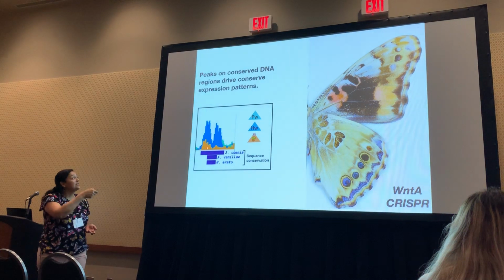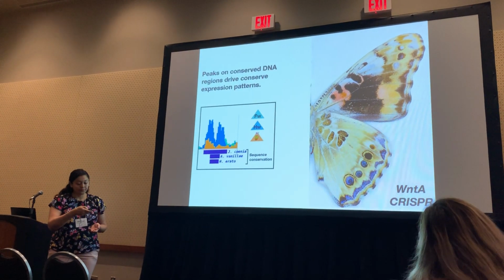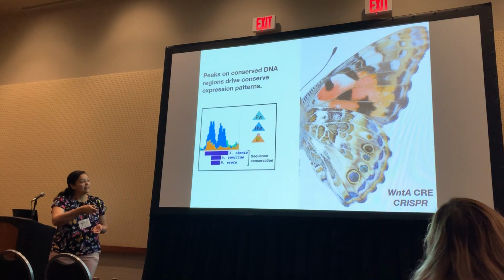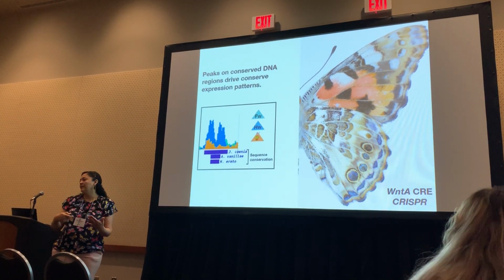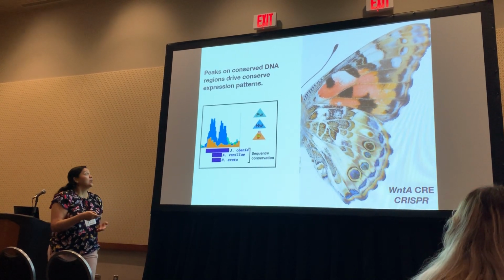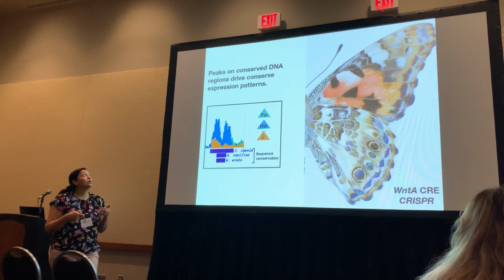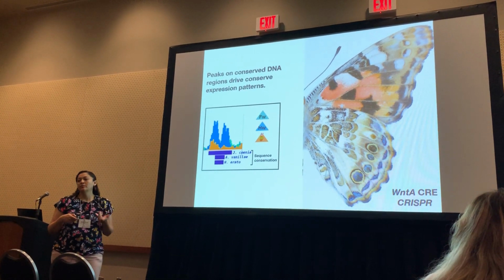Now, when I knock out this regulatory element, which seems to be conserved with other species, we observe the same effect. So we have a regulatory element that's directly associated with the central symmetry system in this case. So peaks on conserved DNA regions drive conserved expression patterns.